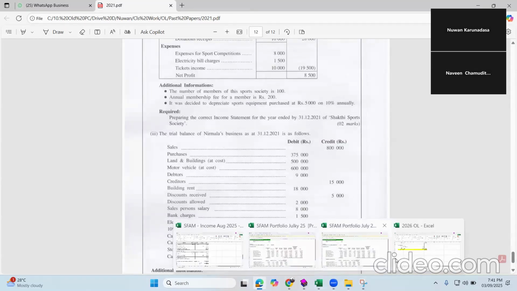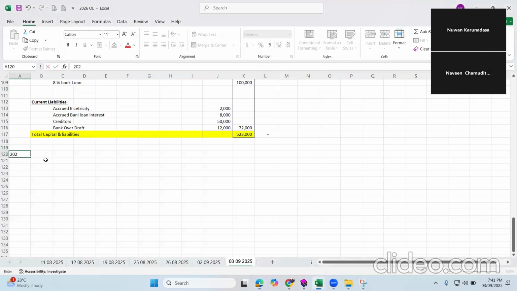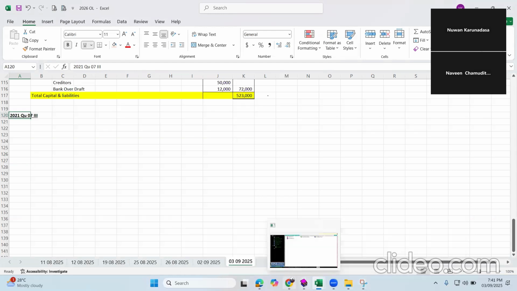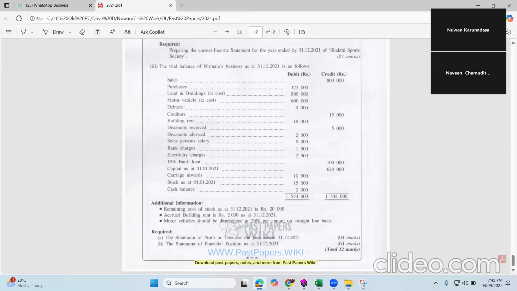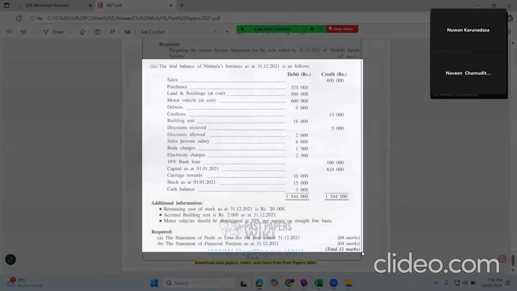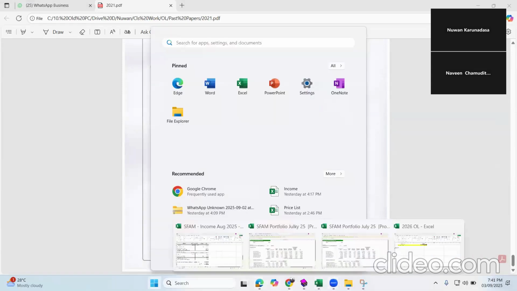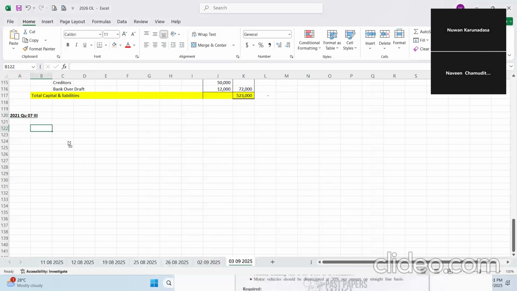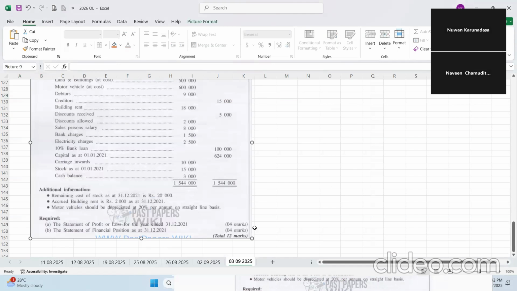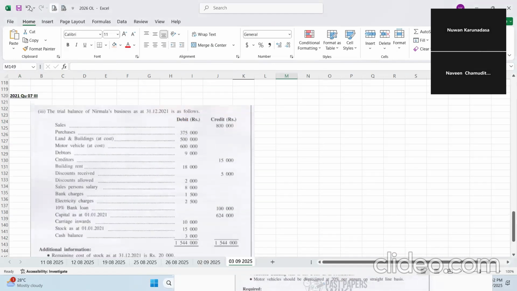Question number 7-3, again 2021. So the session is going to finish.